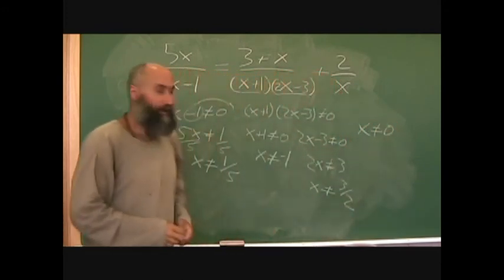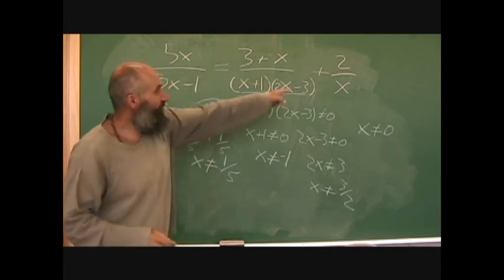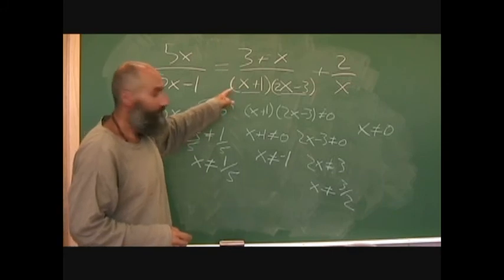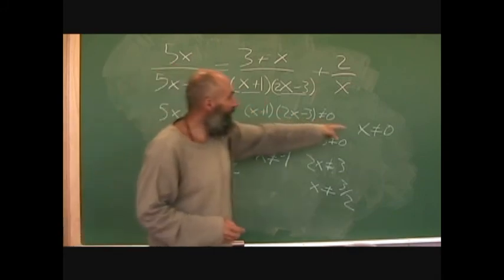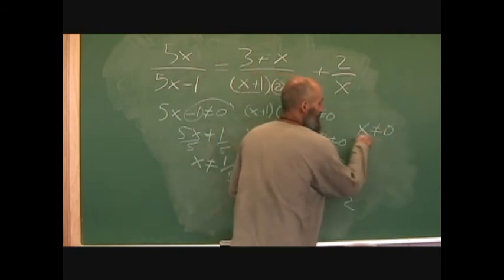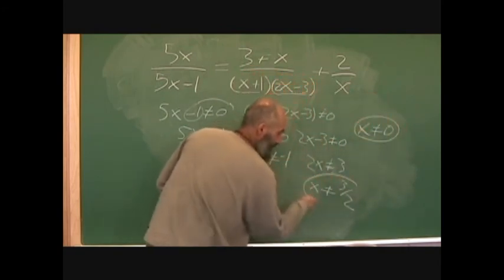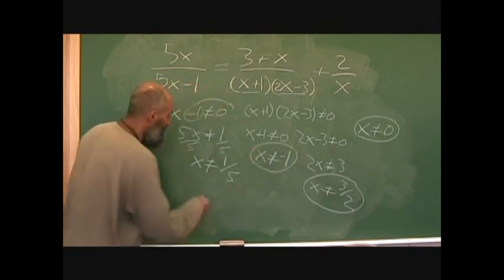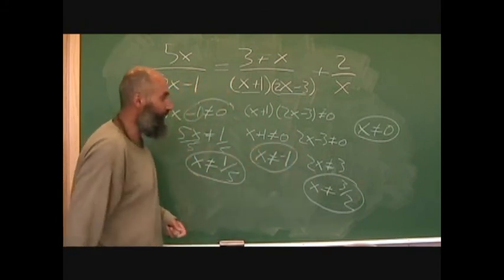Okay. So before you even start solving this equation, what you would do is write down all the restrictions on the right-hand side here. All your restrictions are x cannot equal 0, x cannot equal 3 over 2, x cannot equal negative 1, and x cannot equal 1 over 5.